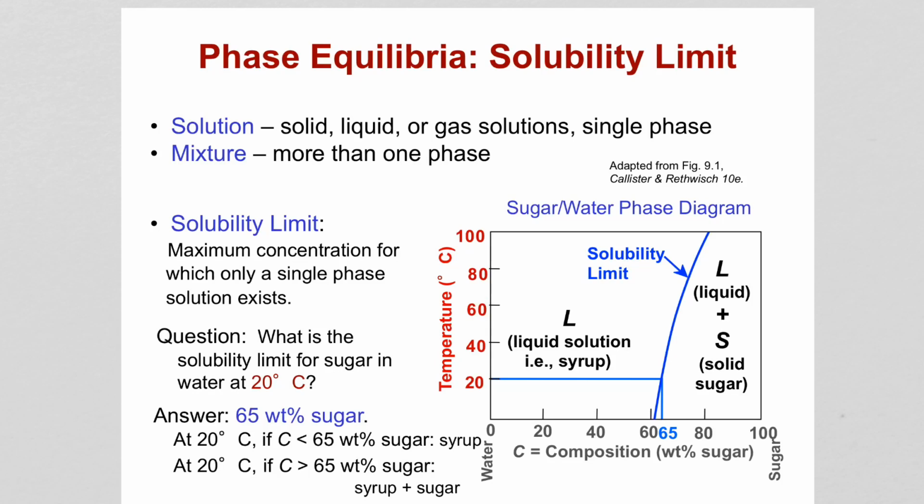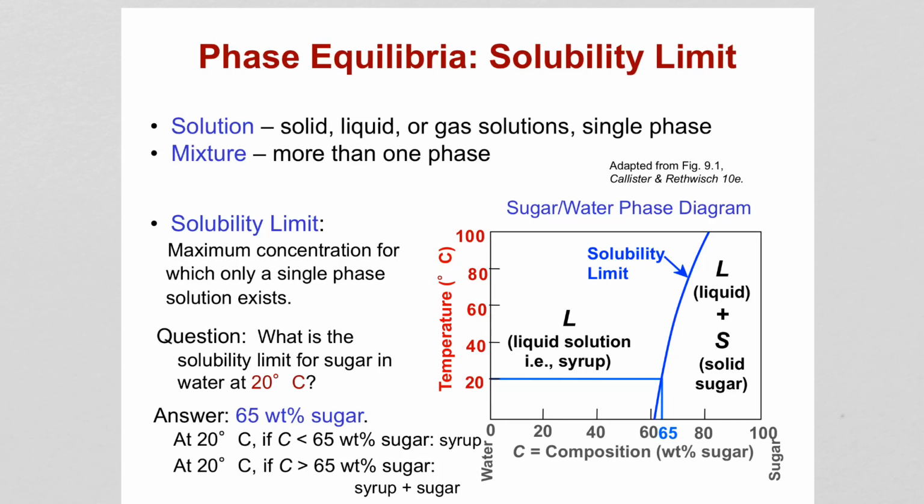So in terms of solubility limit, think about a water and sugar system. You keep adding sugar to the water. First it dissolves and you just have one phase, which is liquid. But then as you keep increasing the sugar amount, it becomes concentrated. The solubility limit is reached. The water cannot dissolve the sugar anymore.